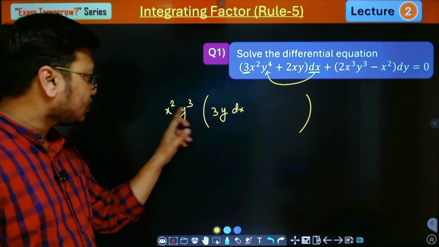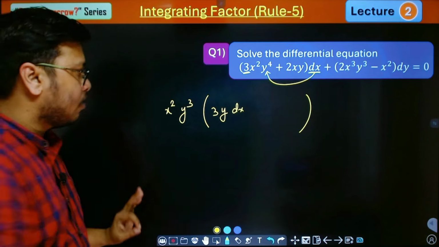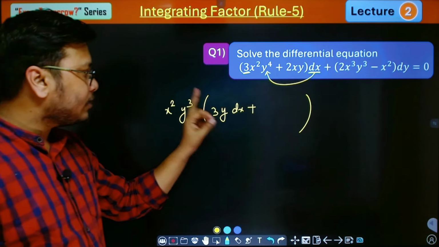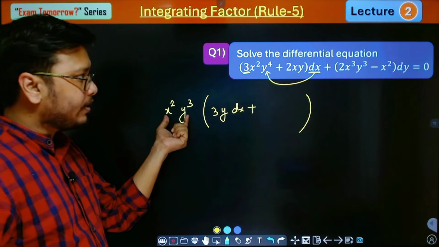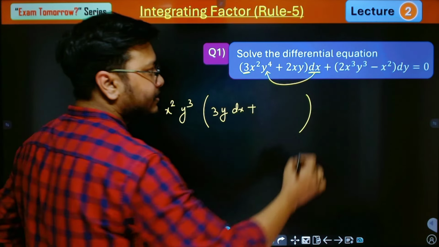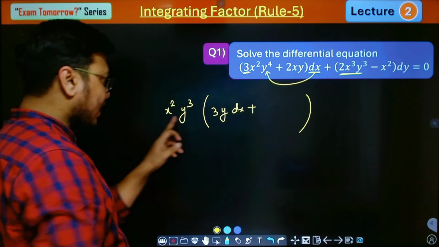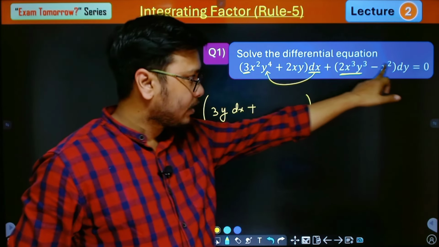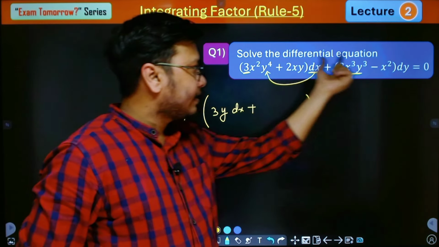Okay. So basically if you multiply these two, you just get the first term. Now think again which term is going to give you x square y cube common. Look out for it. You can see over here you can take x square y cube common. You cannot take that common from the second term. You can only take it common from here. So now you get an idea that this must be connected with this term.